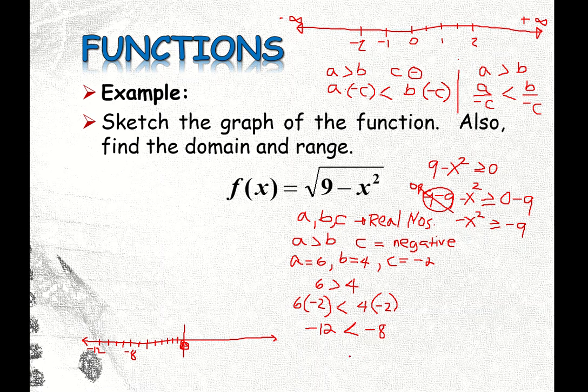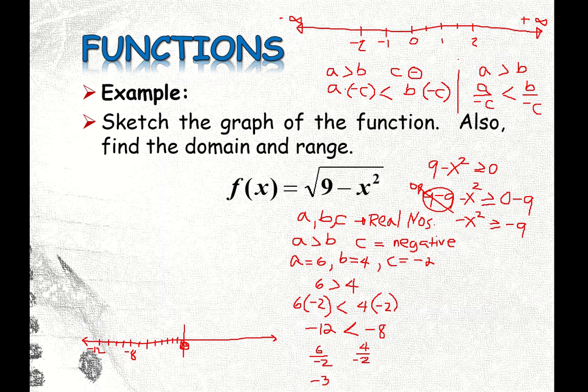In similar manner, if you divide, so if you have 6, this is our A, you divide this by negative 2, our C is negative 2, and our 4, when you divide it by negative 2, the result would be, here we have minus 3, right?